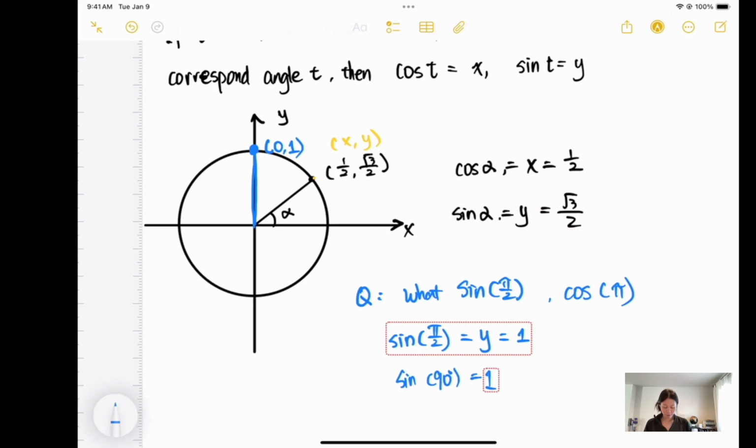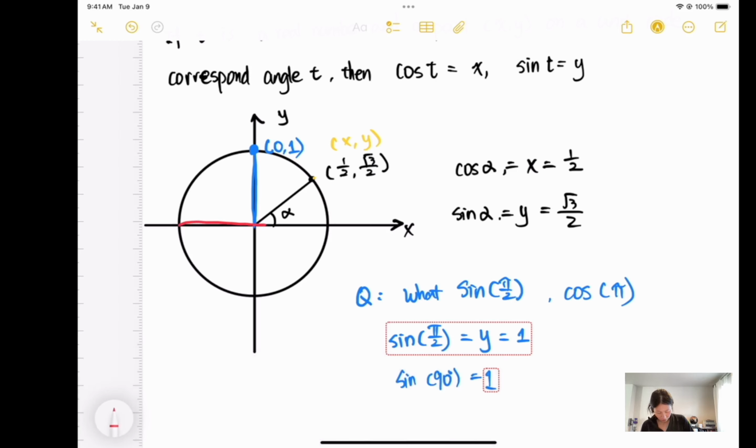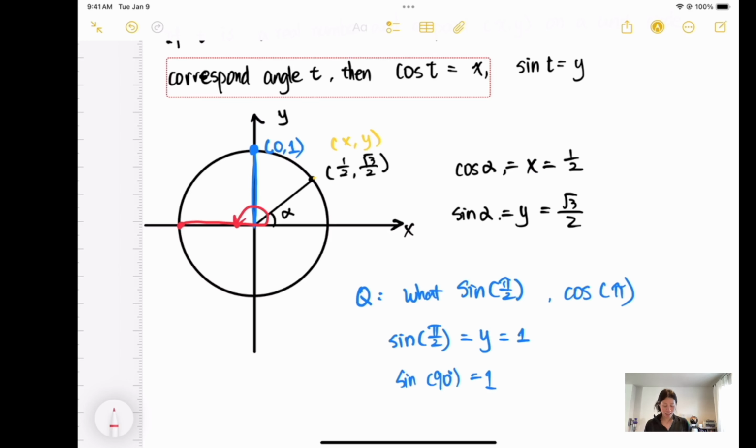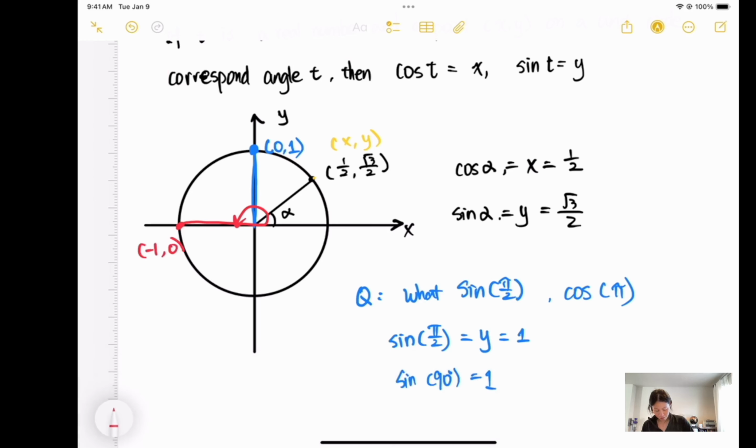Now, what about cosine pi? Cosine pi is the angle in here, right? Which means 180 degrees. And then this endpoint is x equals -1, y equals 0.